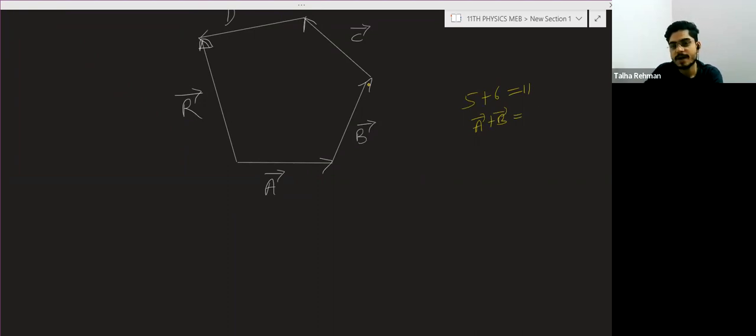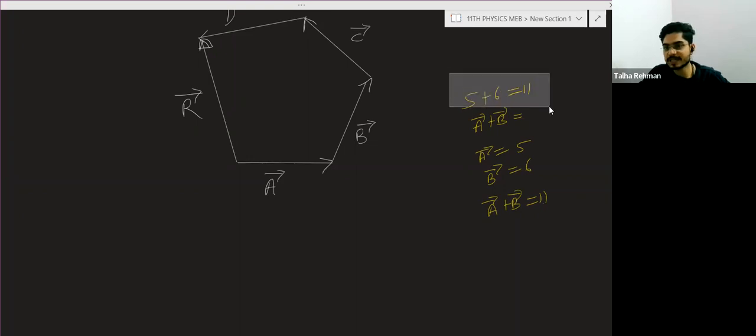Suppose A vector is given as 5, B vector is given as 6. So you cannot say A vector plus B vector is equal to 11. This will be wrong.